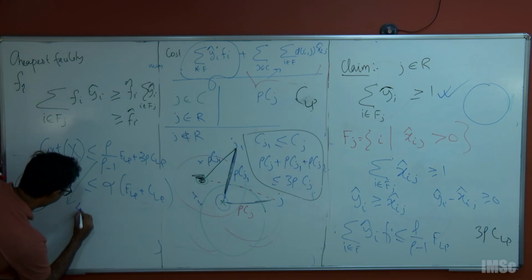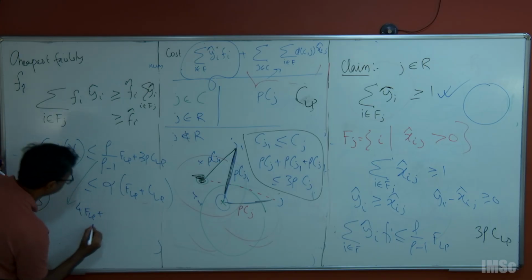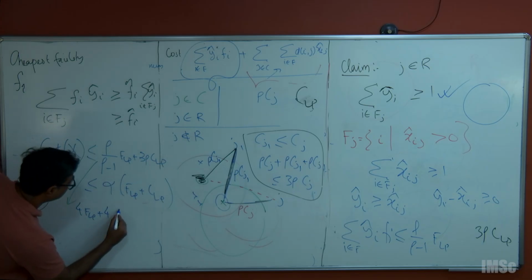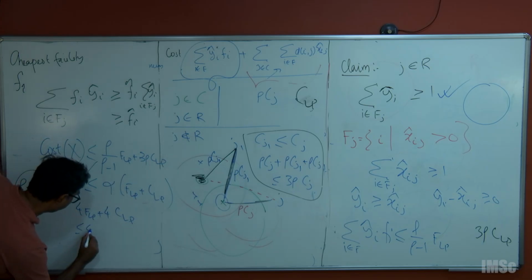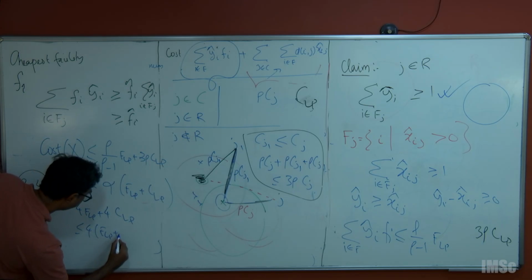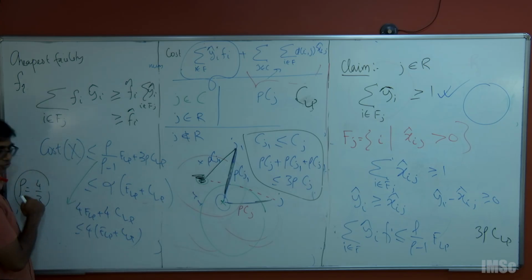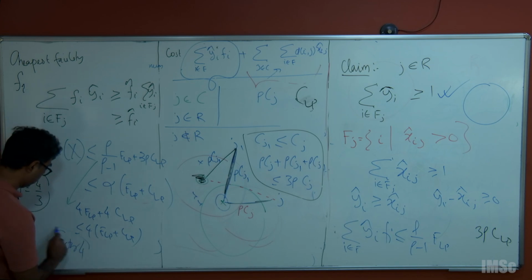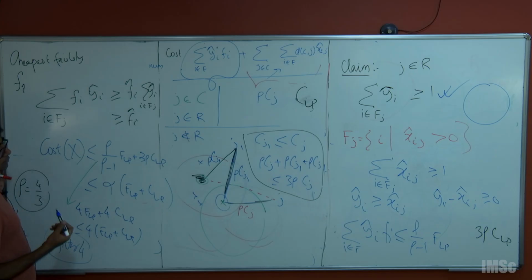So this is 4 times FLP plus 4 times CLP, which is 4 times FLP plus CLP. So I chose rho which gives me the best approximation factor. That's it. So this is a factor 4 approximation. Okay. So is that fine?